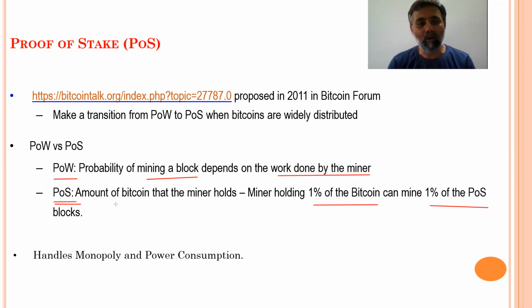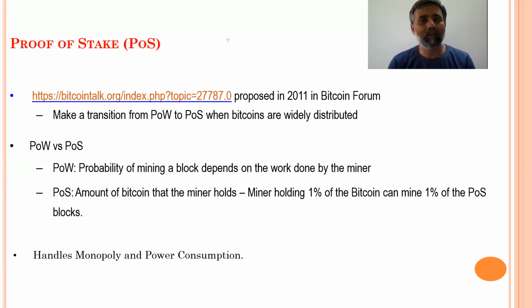That is, in the ratio of the amount of Bitcoin that miner holds, in that ratio only, that miner will be allowed to propose certain blocks. So this idea is helpful to avoid any kind of monopoly, and reduces the power consumption, which is the major issue with the proof of work mechanism.